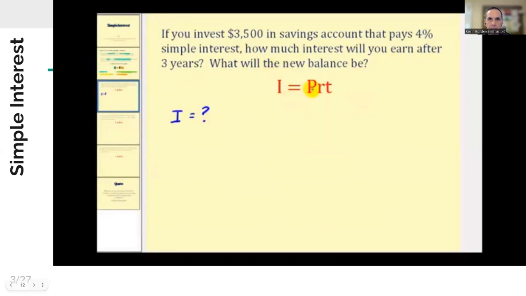P, the principal or starting amount, would be $3,500. R is the rate of return, so R is 4%, but it must be expressed as a decimal, so this would be 0.04. And then T is time in years, so T is equal to 3 years.